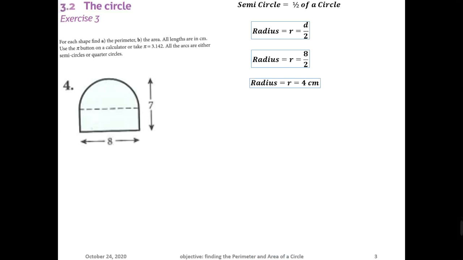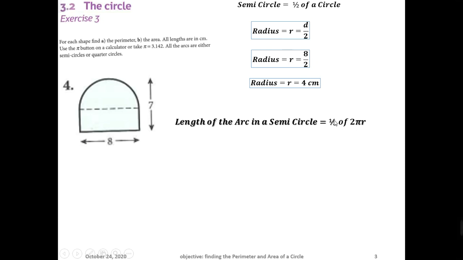Since we found the radius, I can immediately write the formula for the length of an arc in a semicircle, which is half of 2 pi r. The circumference of a full circle is 2 pi r, and the length of the arc in half of a circle is half of the 2 pi r.